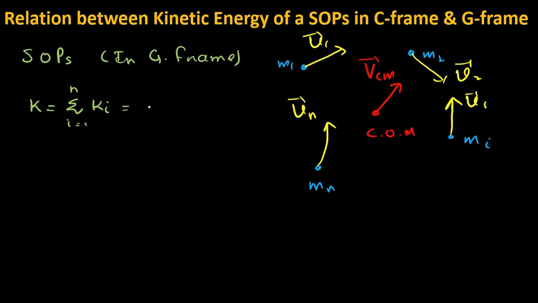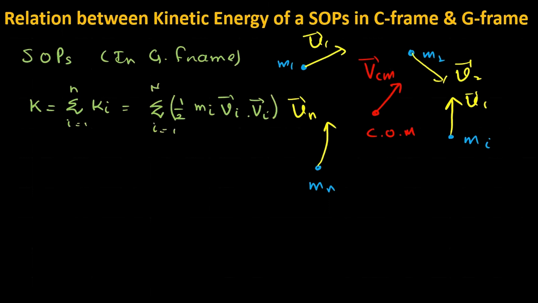The kinetic energy of the ith particle can be simply half its mass mi and speed squared, which can be written more elegantly as vi dot vi. So this is the total kinetic energy of the system of particles in the ground frame, and this thing in the bracket is the kinetic energy of the ith particle, and then I will have to add all such kinetic energies.